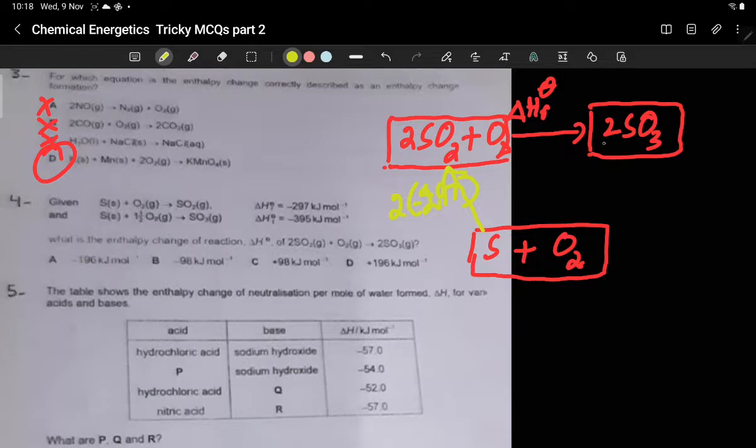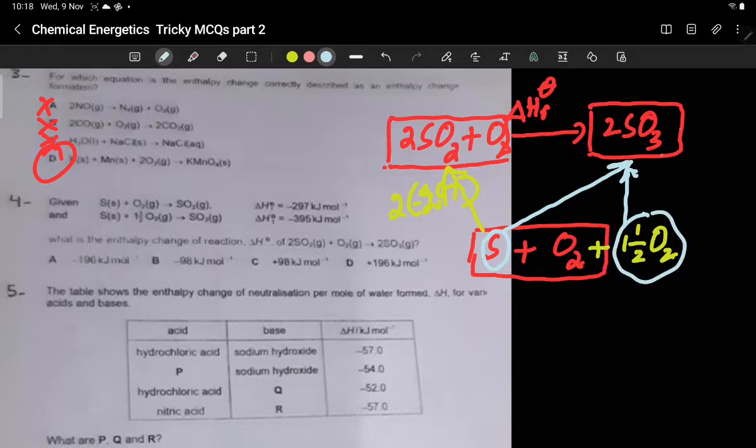Now sulfur trioxide is formed accordingly, sulfur plus 1.5 oxygen, so we can write down over here 1.5 oxygen. Let's draw with another arrow. The enthalpy change of this reaction, we are using this sulfur and this oxygen.